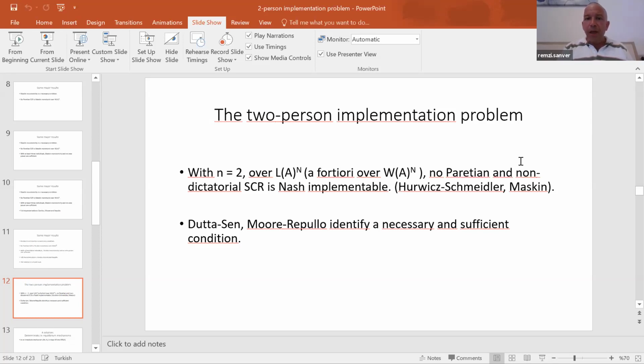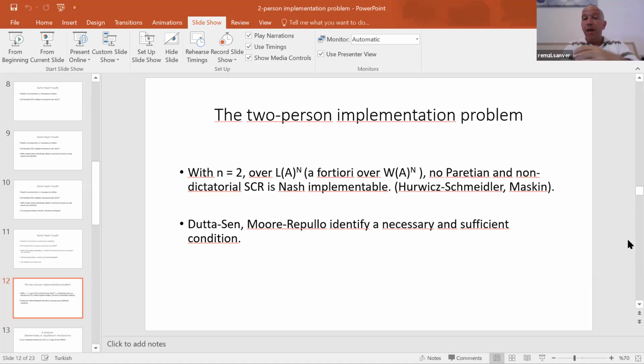Okay, so, as the title suggests, what we do in our paper is solve this 2-person implementation problem by changing slightly the definition of a mechanism. We solve it in 2 senses.